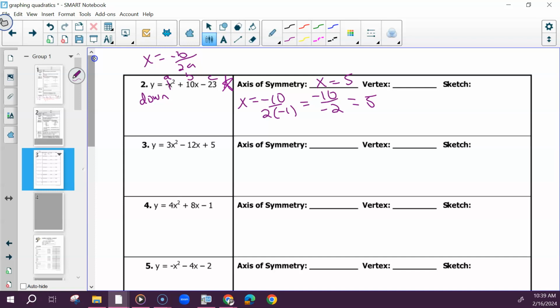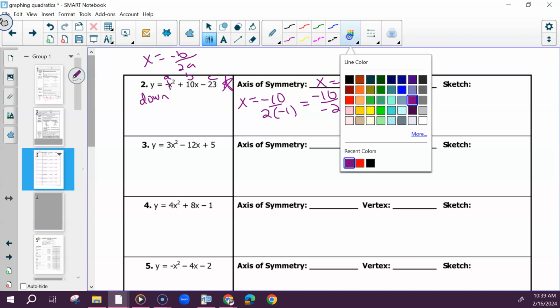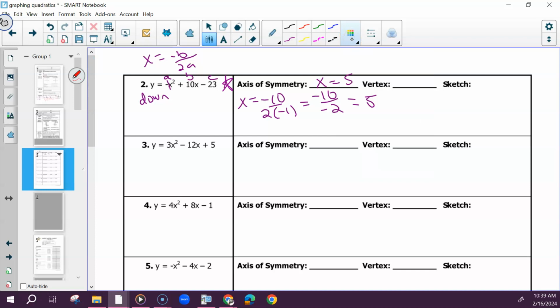Then we can use that to find our vertex. So we're going to put 5 in every time we see an x in our equation. So negative, and then in parentheses, 5 squared, plus 10 times 5, minus 23.